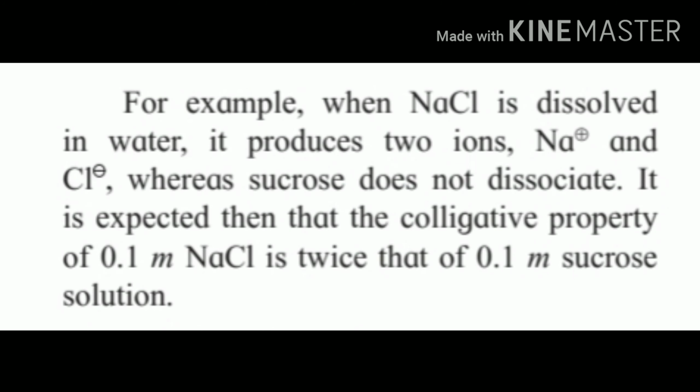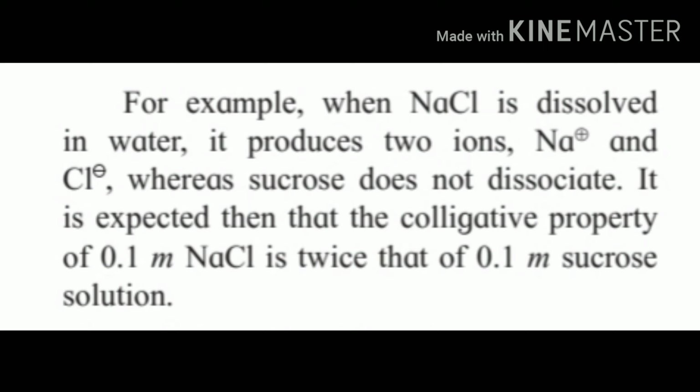Here is an example in your textbook wherein they have considered sodium chloride and sucrose. We know NaCl, when you dissolve it in water, is going to produce two ions, that is Na+ and Cl-. When you dissolve sucrose, it is not going to split up into carbon, hydrogen and oxygen. Hence you will see that the colligative property of 0.1 molar NaCl is twice that of 0.1 molar sucrose solution.